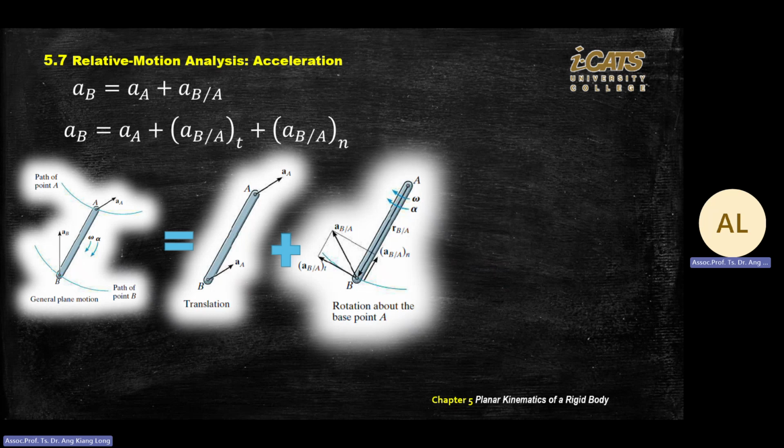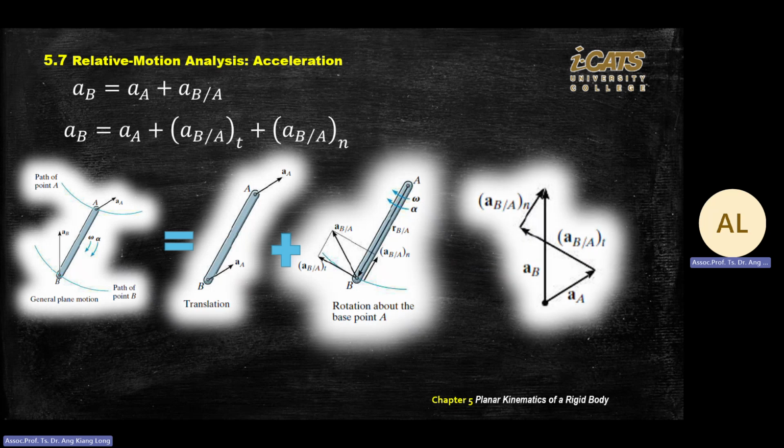For this example, we pick point A as our reference point, so the rotation motion on the far right diagram here is based on A. What I want to highlight here is that your acceleration can break into normal and tangent directions. This is just a translation of your vector diagram. You should be able to read it.